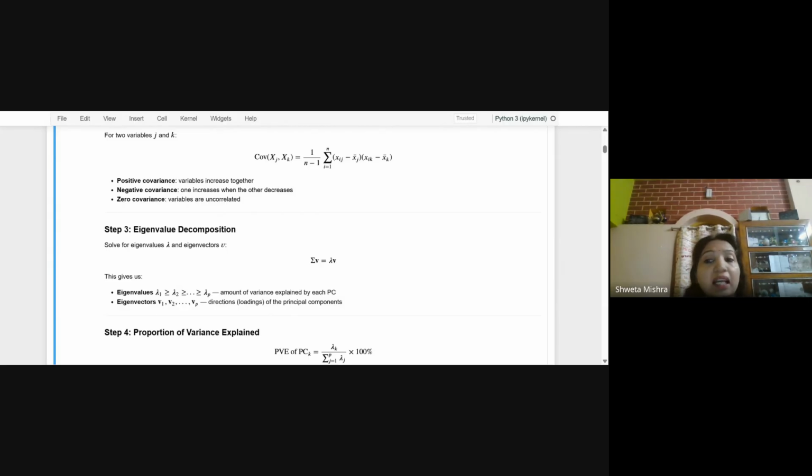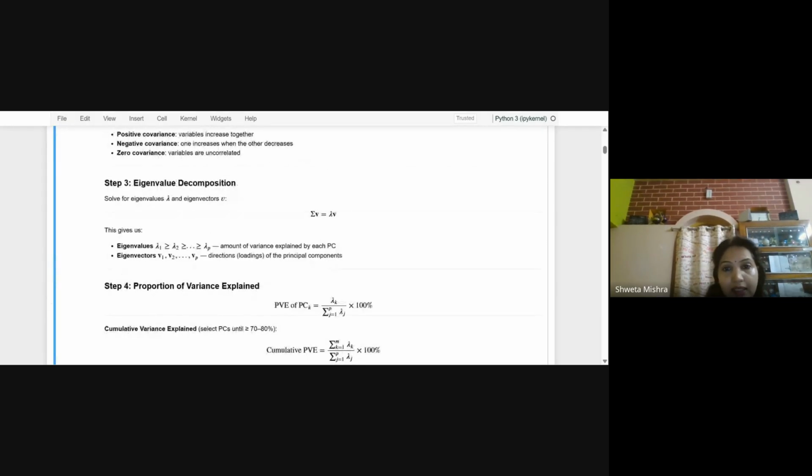You can think of the data cloud or data points, and the direction of that data shape is called the eigenvector, the axis along which the data is most spread out. Eigenvalues are the amount of spread in each of these directions. The first eigenvector points in the direction where the data varies most, which we consider principal component 1.